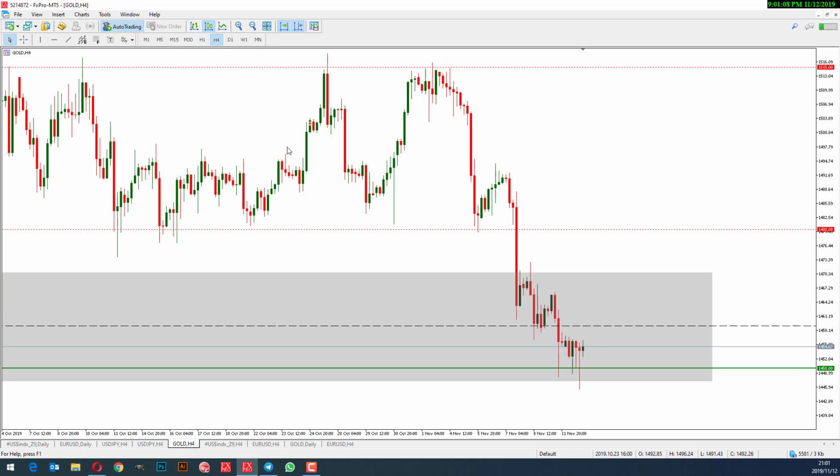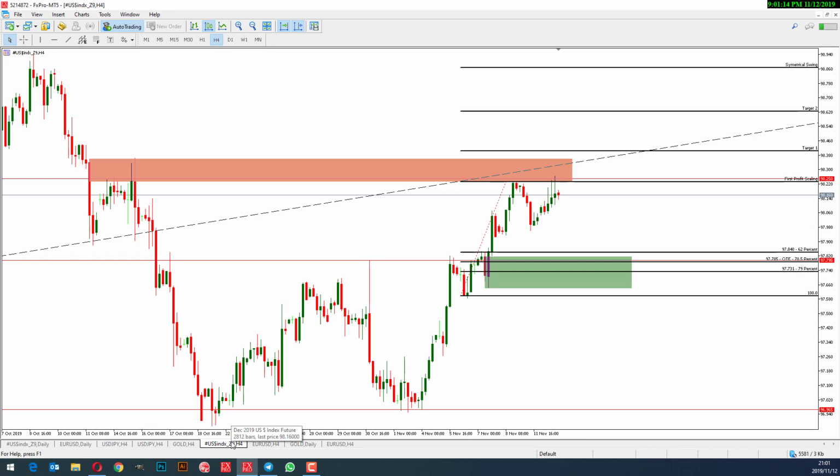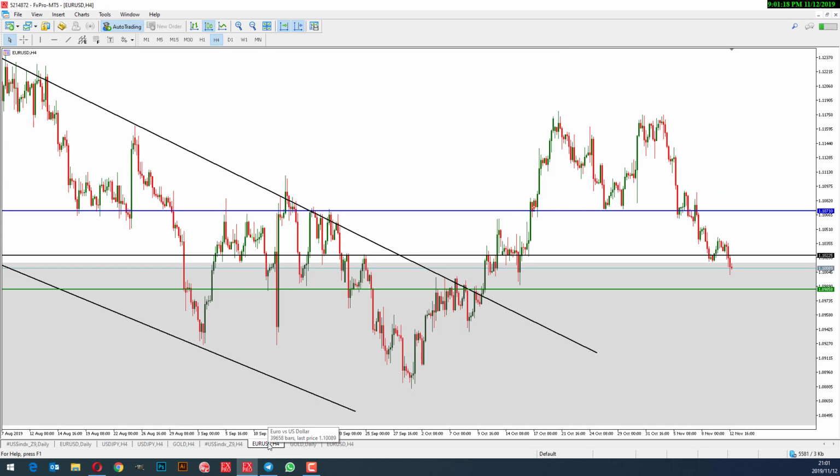So guys, it's very important that we respect the zones that we have mentioned. Like right now, we've got the 98,250 on Fibre, and then on Euro USD, we've got the dollar 1.098.